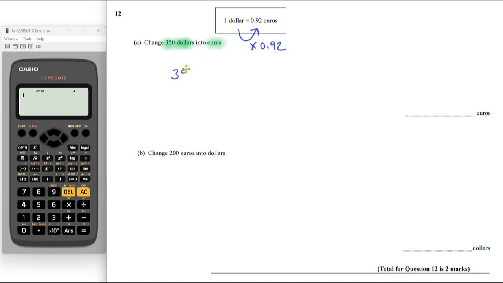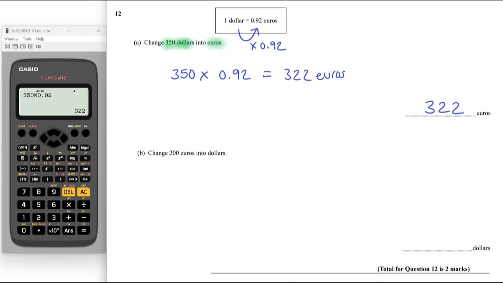So 350 times 0.92, and we get 322. And that is in euros. But in my answer line, I just need to type in 322.